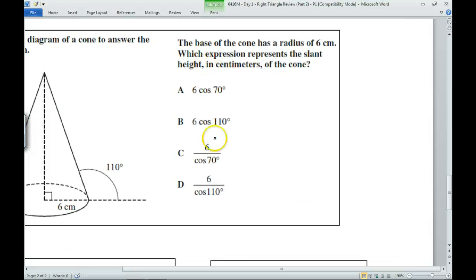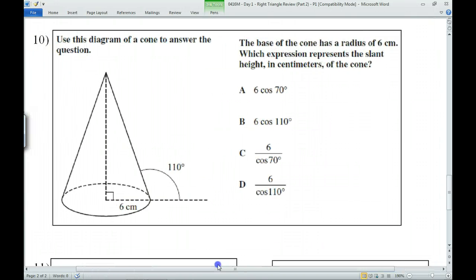Okay, let's move on down to the next one. So look at number 10. Let's see, what are we supposed to find? We have this picture given. They mention the radius of the base. Which expression represents the slant height? Now, what length in this picture do you think is the slant height?